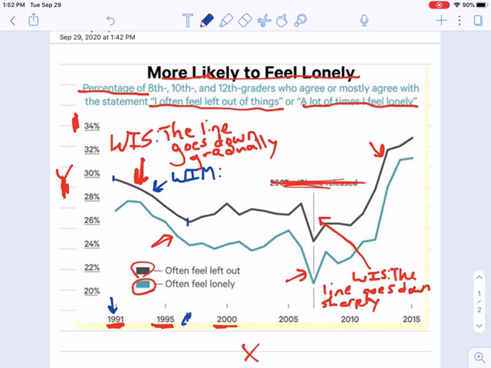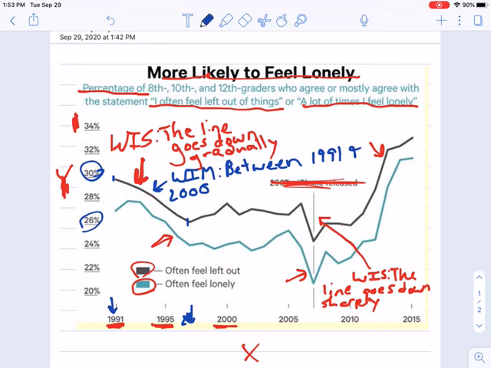Something happened. As the line is going down, we can see that it's going from 30% on the y-axis down to about 26%.